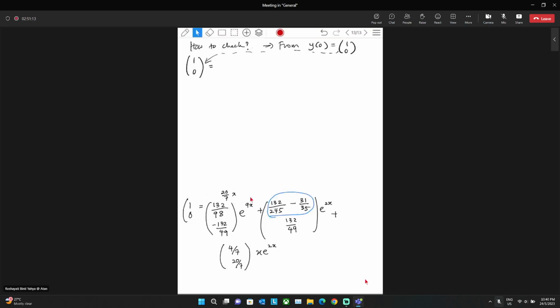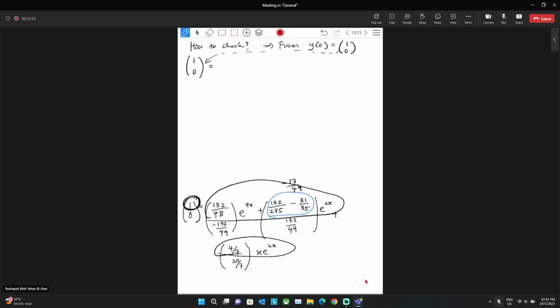If you change x equal to 0, what was this? Negative 17 over 49. For the first line here, if you change everything, x equal to 0, if you get 1, that means you get the correct answer.